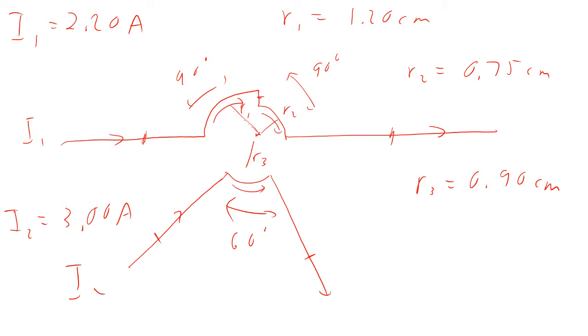Okay, so we'll call that B1, B2, and B3. So the total B is going to be B1 plus B2 plus B3. Okay. And so you look at that and say, well, that's pretty straightforward. Okay. Because it's 3 arcs right there.